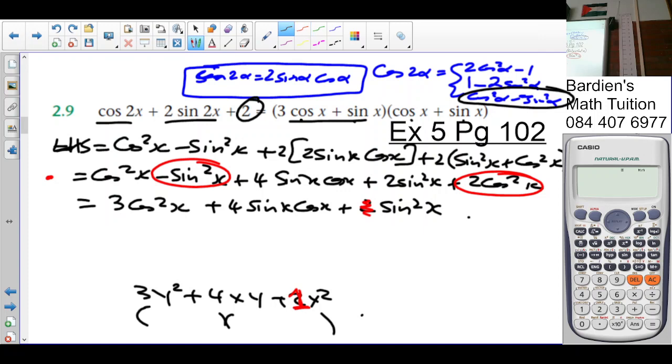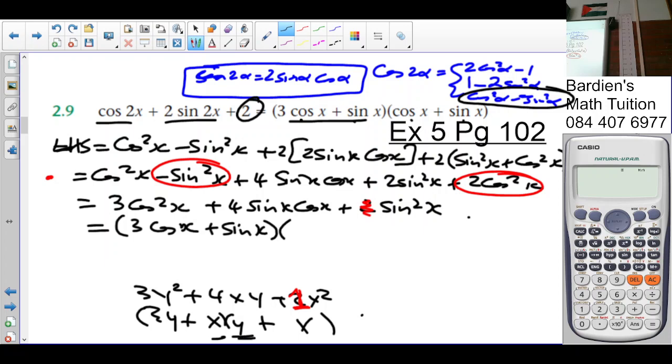So that would simply give us 3y and y, x and x are both plus. Okay? But y is a cos, so it's going to be 3 cos x plus sine x into cos x plus sine x, which is exactly what I have on the right hand side.